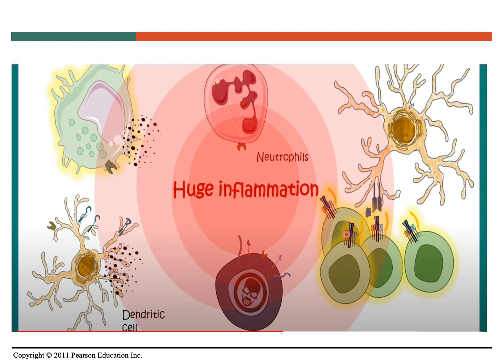Then once all T cells are activated, it will release more chemokines. Your dendritic cells will release more chemokines. Your monocytes will release more chemokines, causing now huge inflammation. So what are these chemokines? Like your interleukin 1, interleukin 6, tumor necrosis factor, which causes now fever, even hypotension, and septic shock as a result.